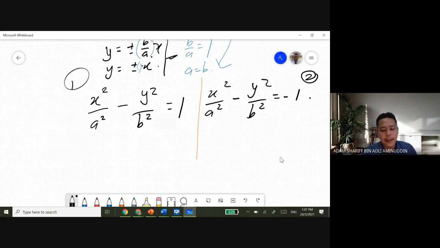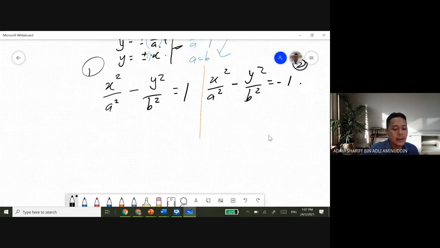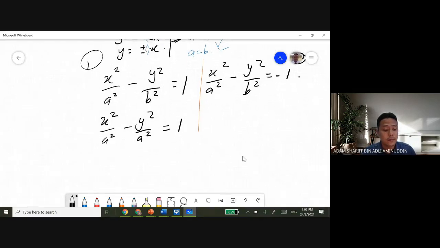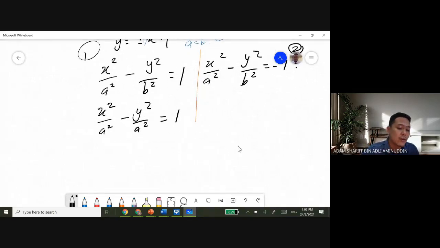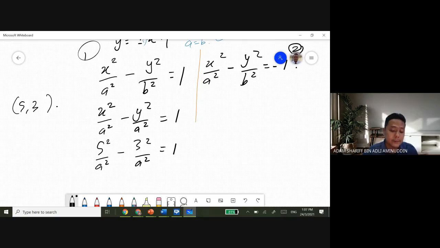For the first idea that I managed to implement, it's very easy as you know that a equals b, therefore x squared over a squared minus y squared over a squared equals 1. And you know the x and y already, based on it passes through 5 and 3. So 5 squared over a squared minus 3 squared over a squared equals 1.